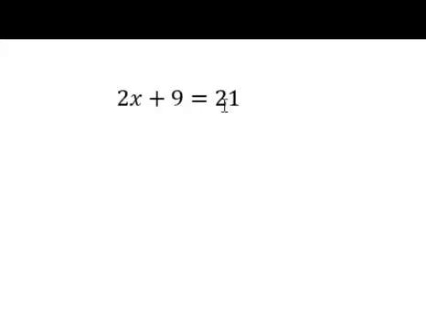Well, basically, if you can remember that, you want to get x by itself. So let's get rid of the 9 and the 2. But in this case, we're not going to get rid of the coefficient first. We always get rid of that last. So let's get rid of our constants. And we're going to do the opposite here, inverse operations, which means if it is plus 9, I have to ask myself, what is going to make this equal 0?